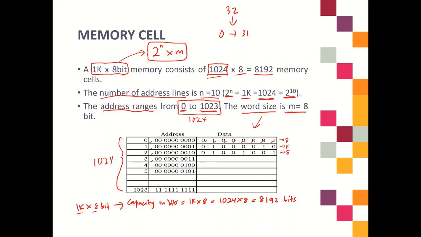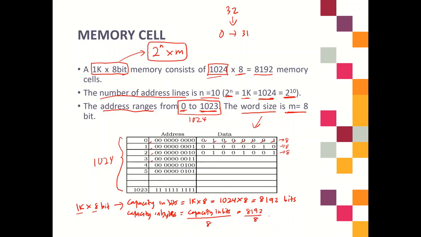And then the capacity in bytes. You can get the capacity in bytes from the capacity in bits, divided by 8. You already determined the capacity in bits, right? The capacity in bits that you have here is 8192.